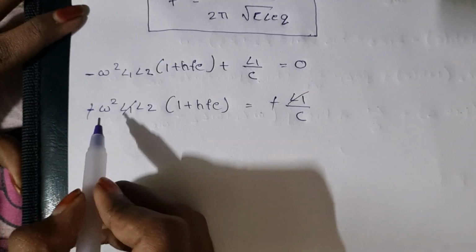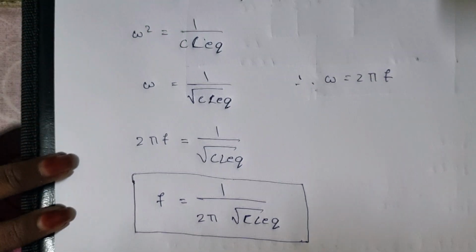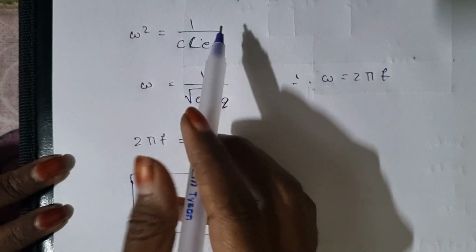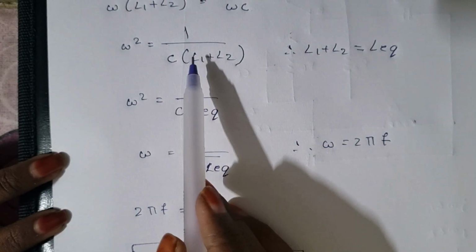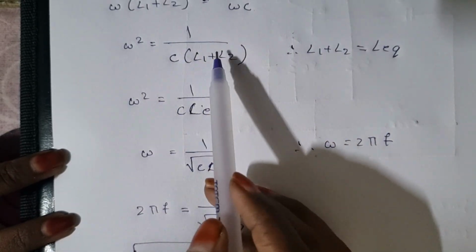So we know omega square. We got omega square as 1 by C of (L1 plus L2). So we substitute this omega square here.